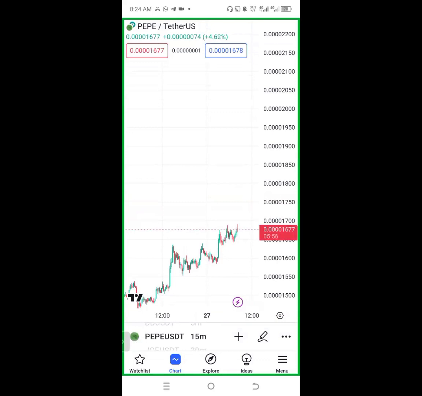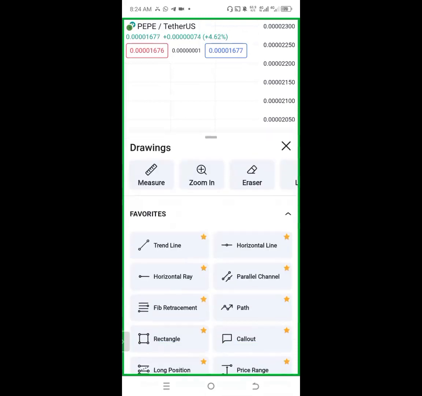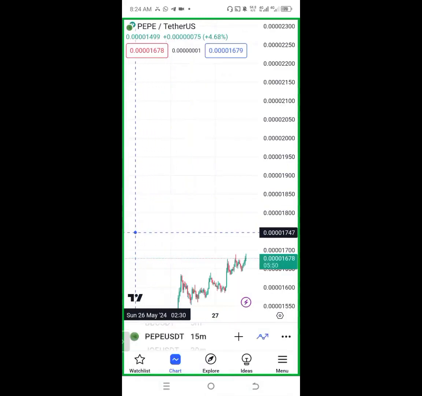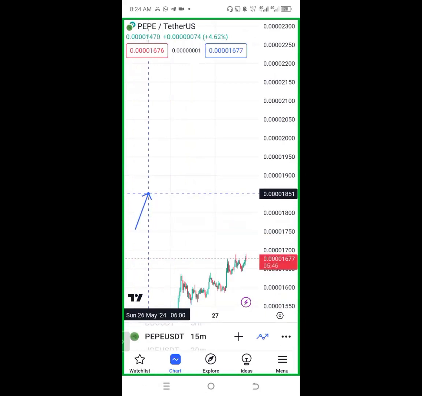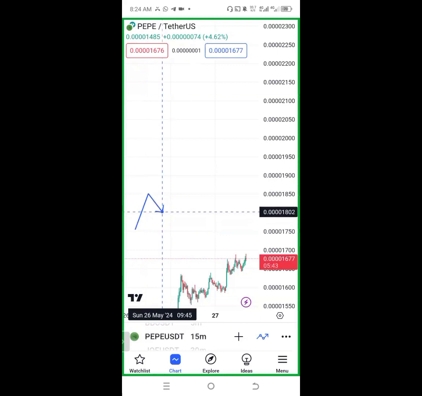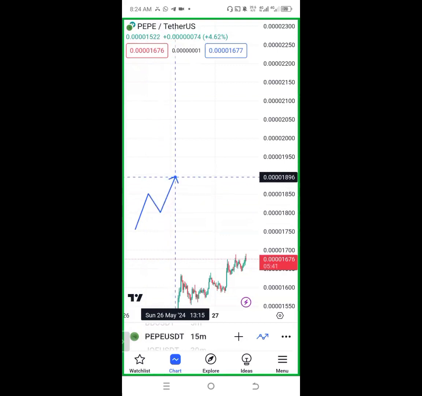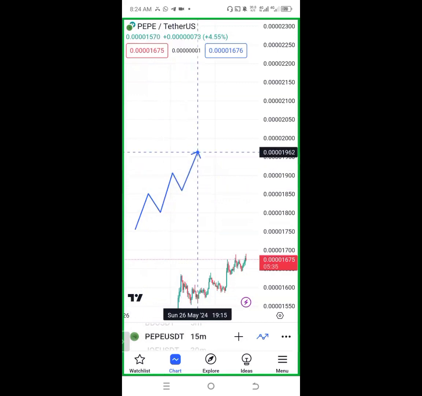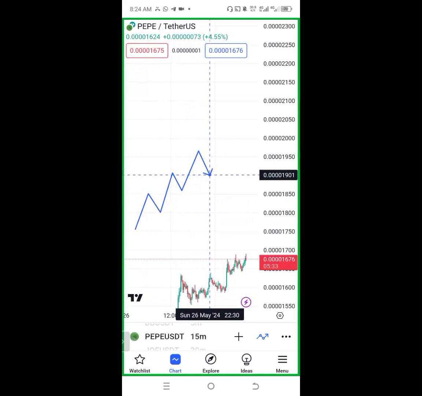Now, I'm going to give a simple scenario of a trend that is on a rise. So when you have a price that is on a rise like this, it rises and then retraces, then rises again, and then retraces, and then rises again, and then retraces.